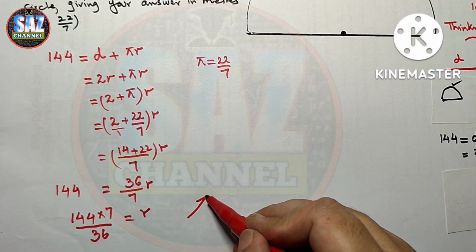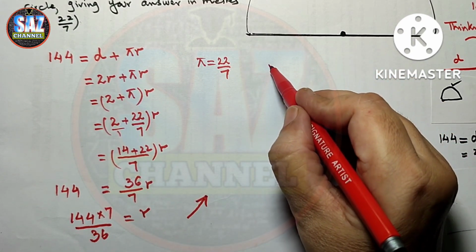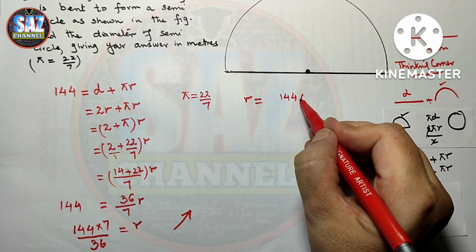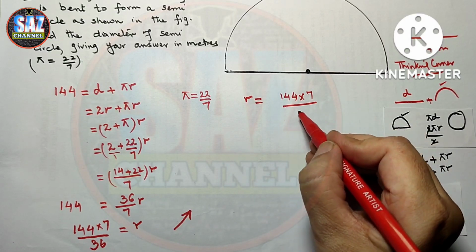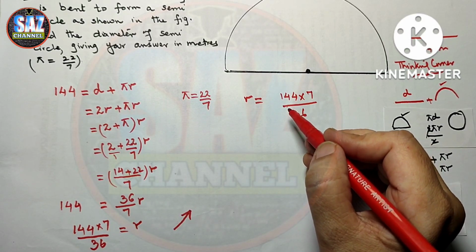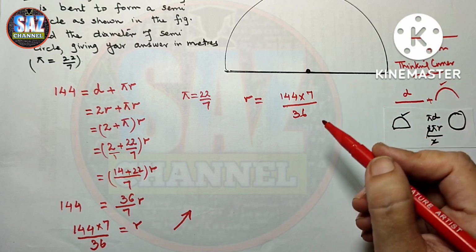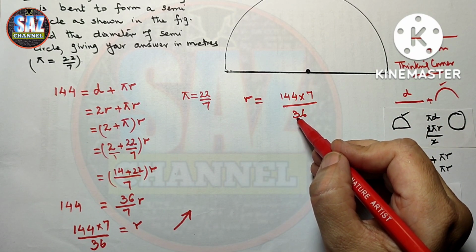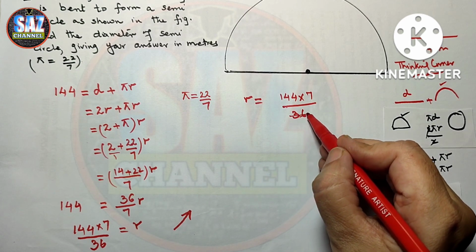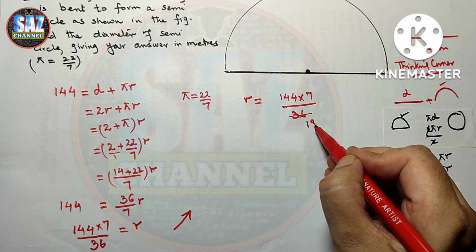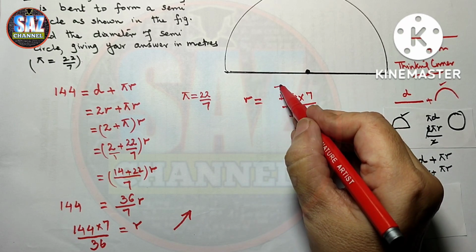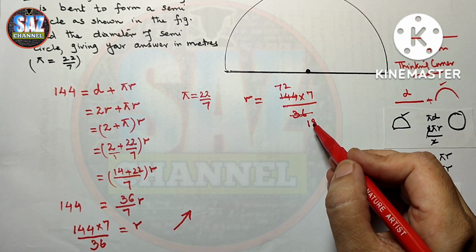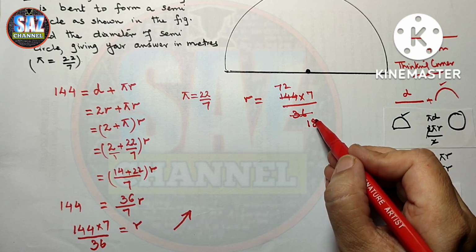Let me go up. Learn to utilize your working space properly. This becomes 144 multiplied by 7 by 36, and we have to find the diameter. Then I have to think about the table that is suitable. If I'm reading the table of 18, 18 times 4 is 72.